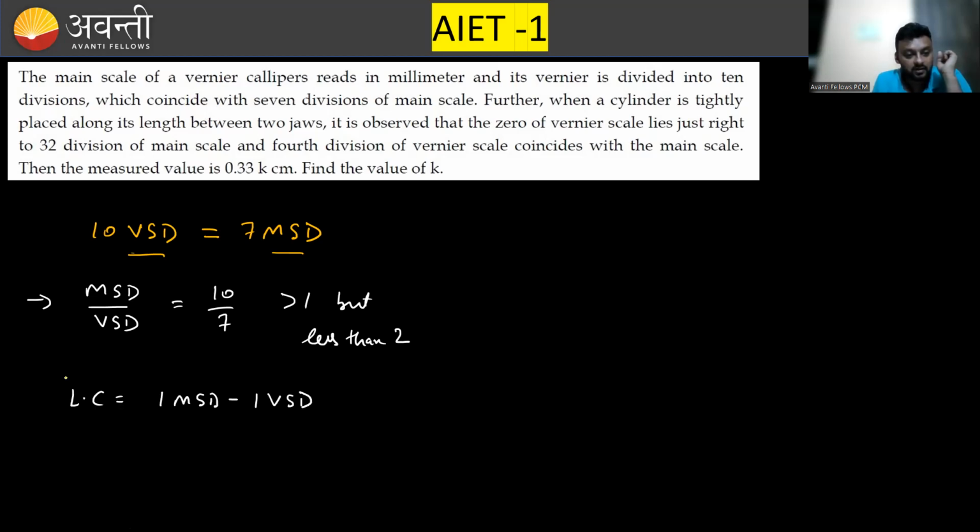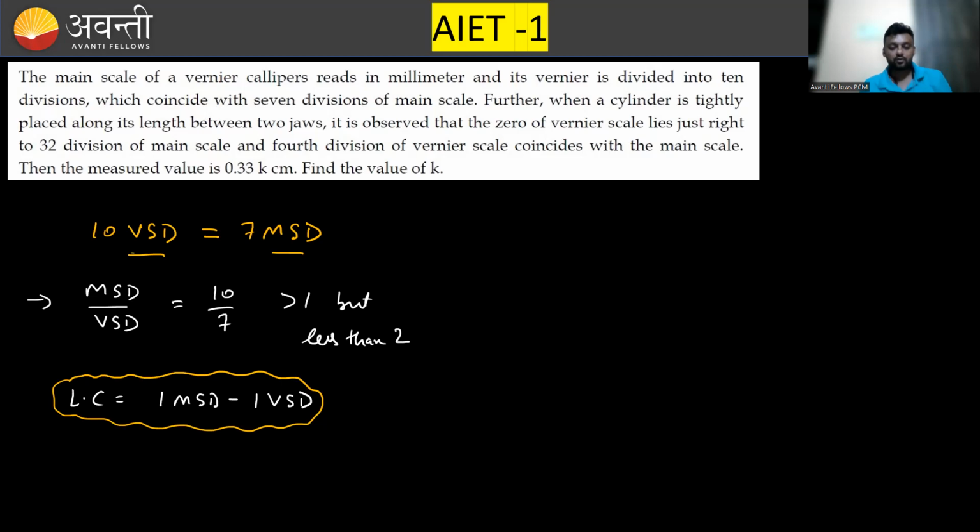Now, things may get deeper and deeper. A question must arise in your mind: what if the ratio is greater than 2 but less than 3?